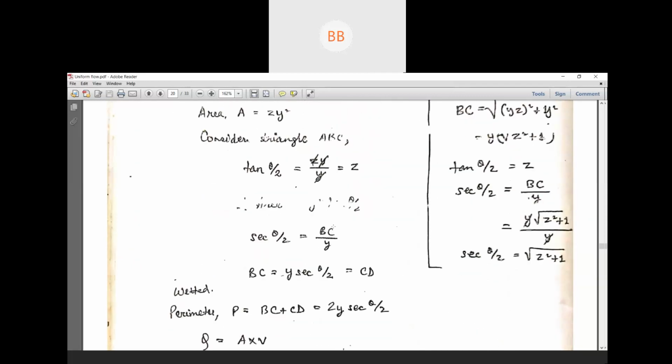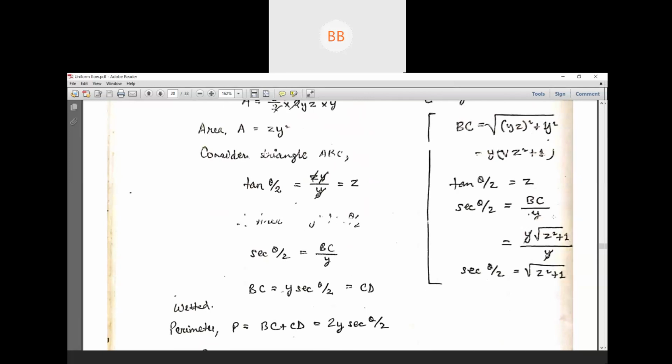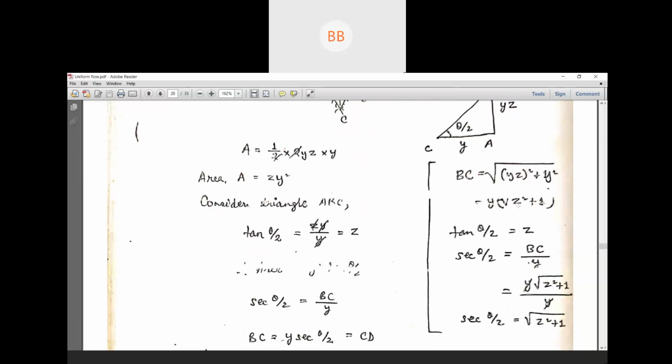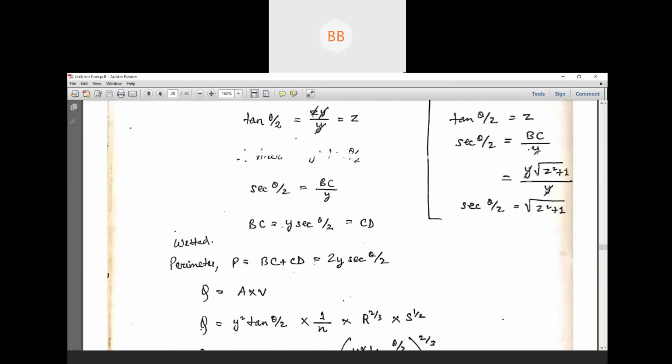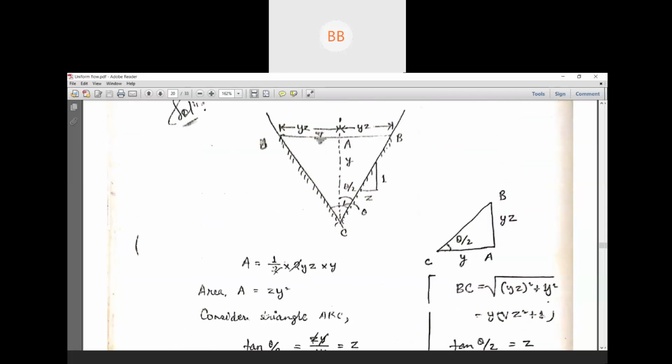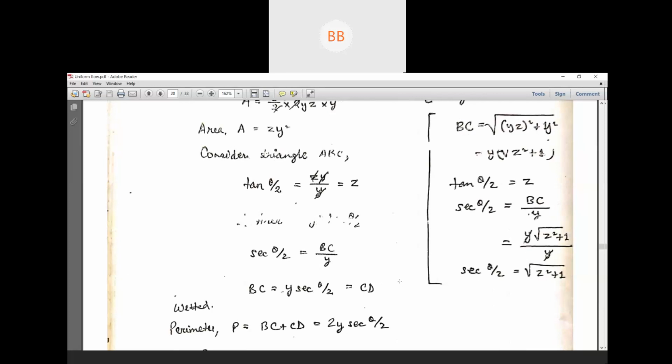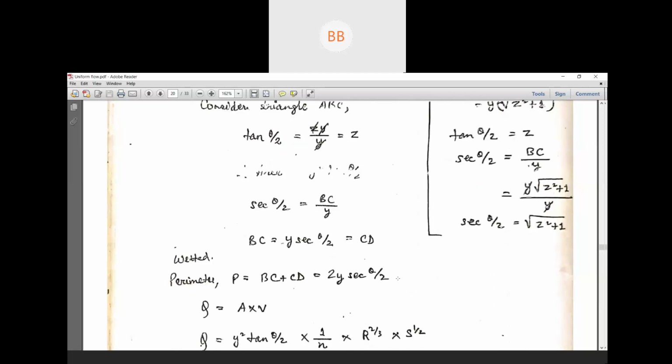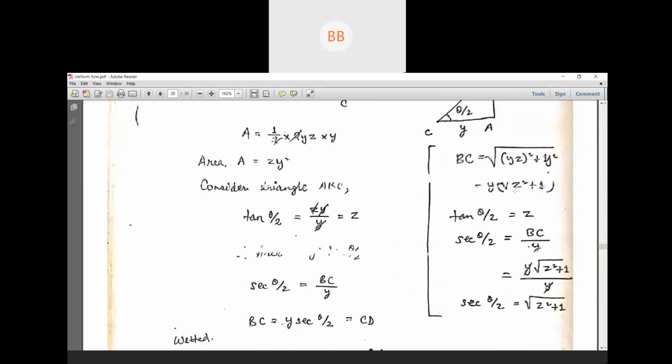BC we have already calculated, that is y root over z square plus 1.